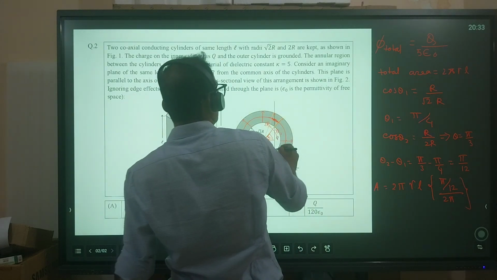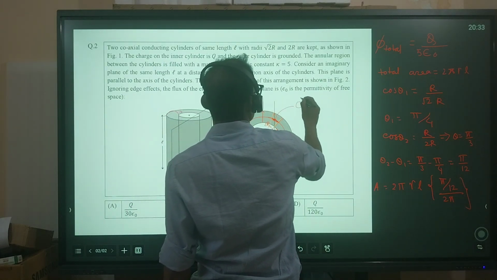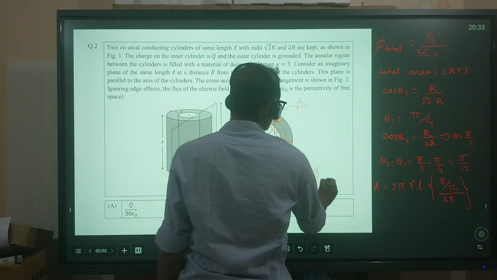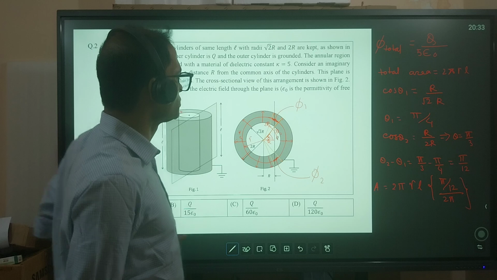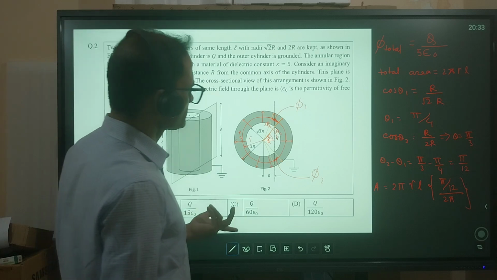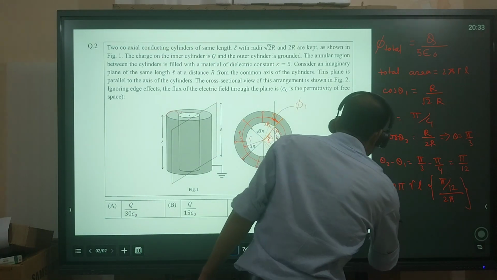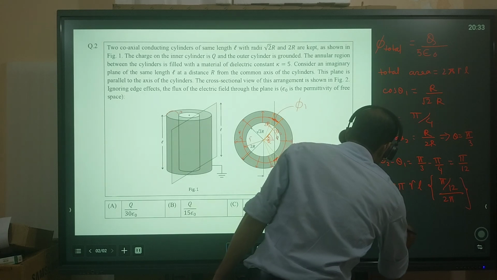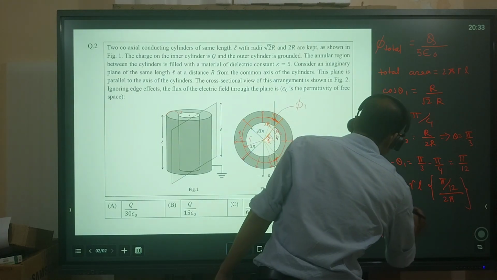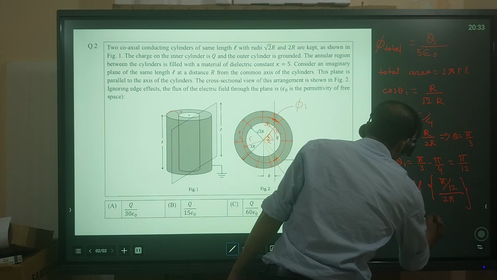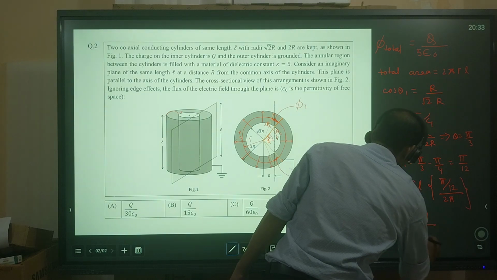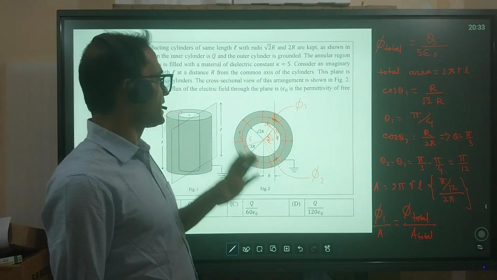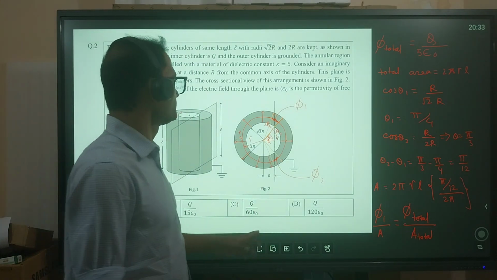I will call the flux here phi 1, and the flux here phi 2. Both phi 1 and phi 2 will be the same, so let us find phi 1. We can see that flux is directly proportional to area: phi 1 by A is phi total by A total.